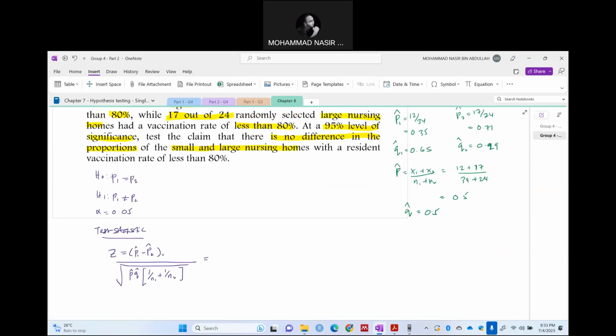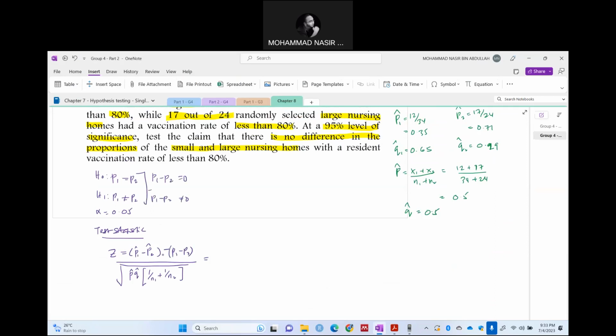Basically, this should be p1 minus p2 minus the hypothesized difference, but because the hypothesized difference is 0, it is the same.